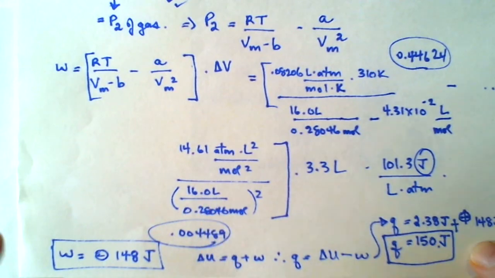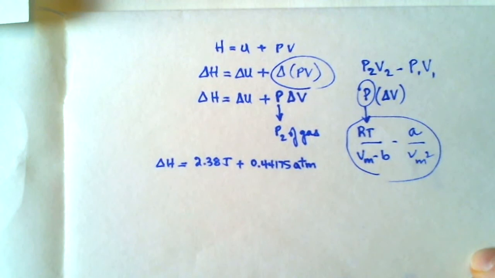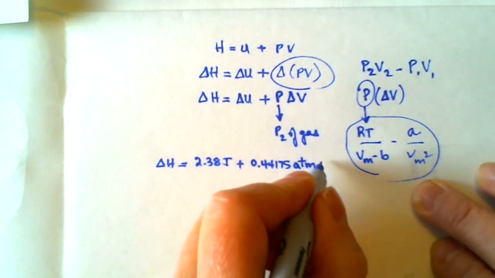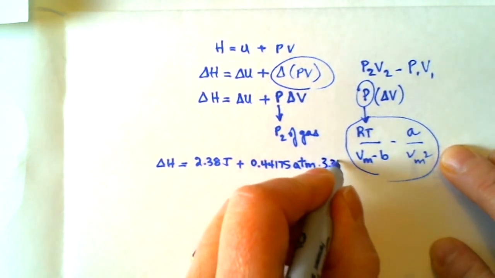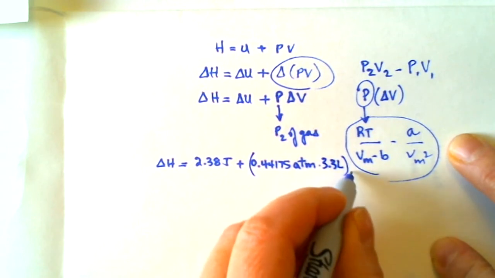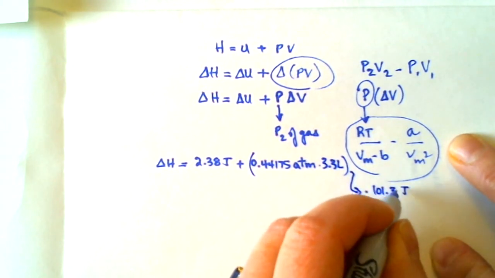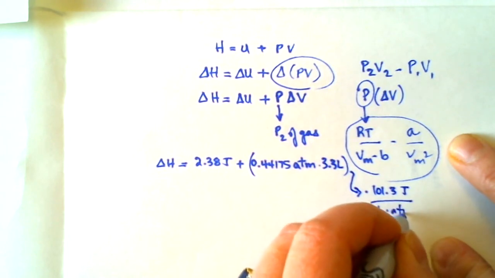And that difference is 0.44175. And that's multiplied by delta V, 3.3 liters. And I have to multiply it by 101.3 joules per liter atmosphere.